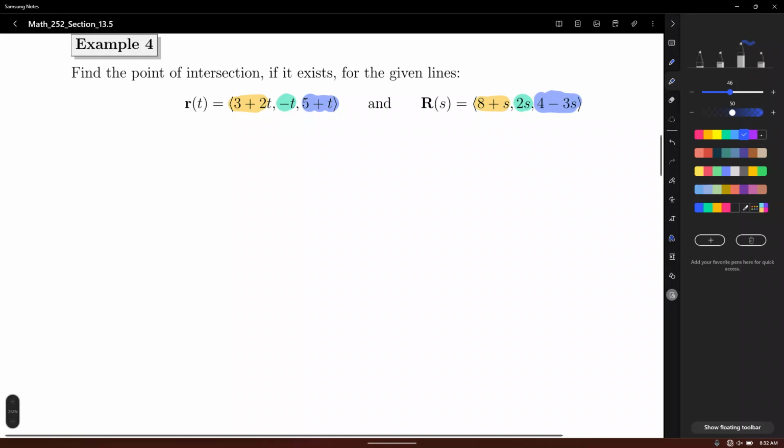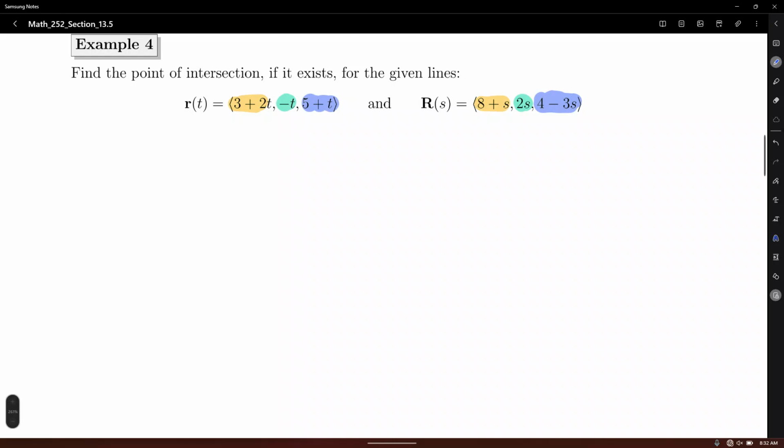Again, we're going to use that fact about 2 vectors being the same if their components are equal. So that's why I'm color coding the components, to set the x component with the x component, the y component with the y component, and the z component with the z component. Okay?